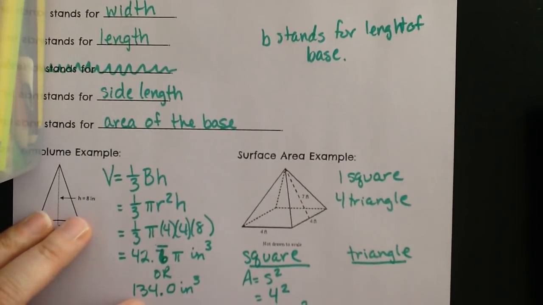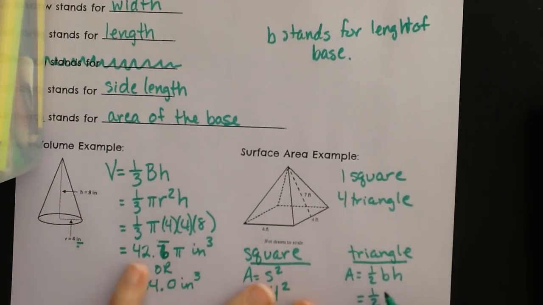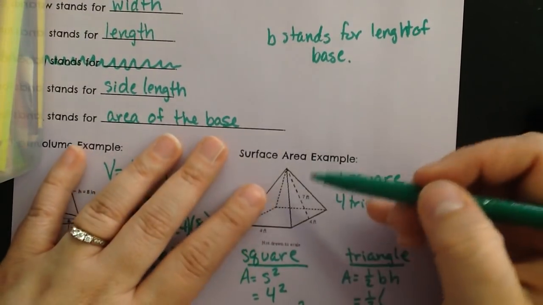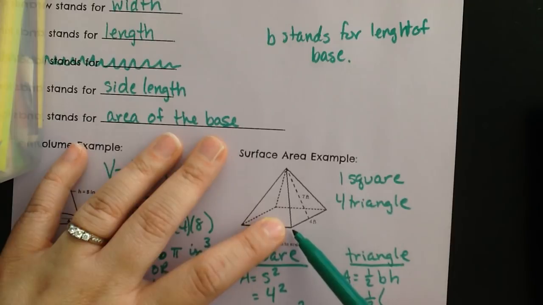So now I'm going to go back down here. My triangle area equals 1/2 BH. So I'm going to bring down my 1/2. I'm going to multiply it by the base of the triangle. So the length of the base down here is 4.